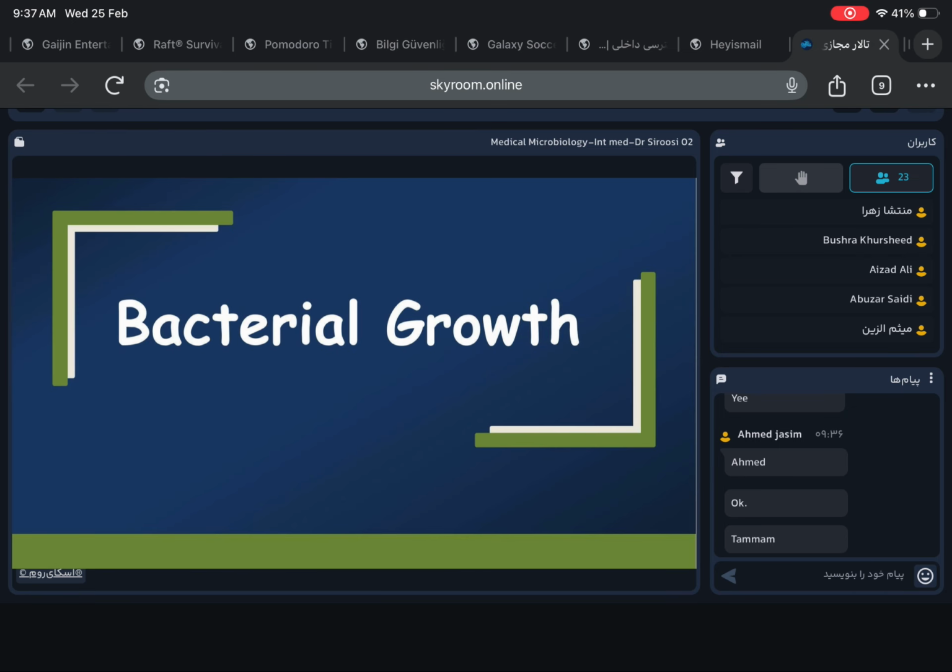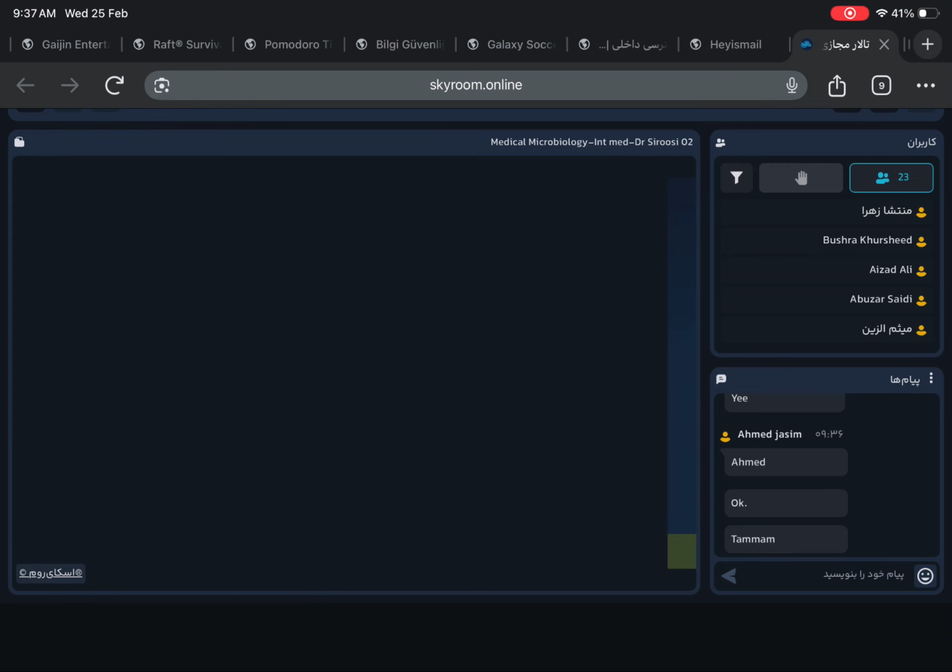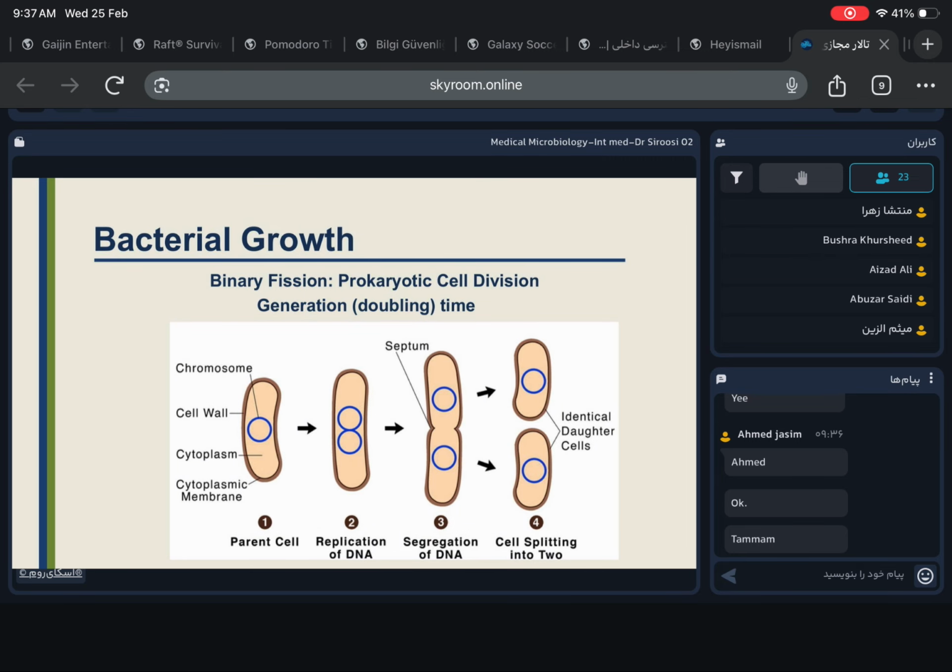So let's start with bacterial growth. Bacterial populations grow through an increase in the cell number. So an increase in the size or volume or length of the cell is not called bacterial growth.